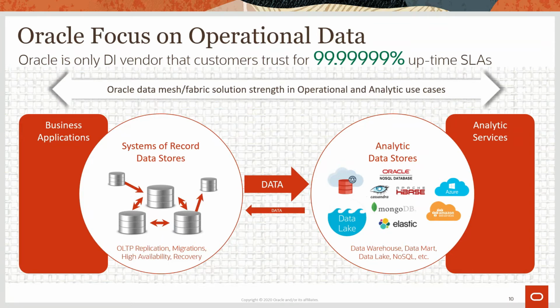As we move forward into a future more focused on mesh and fabric capabilities, we're in a unique position in that we already provide a lot of the real-time logical replication frameworks for very high availability systems that our customers are using right now, both for Oracle databases as well as non-Oracle databases, when our customers require high availability solutions for systems that transact money or sensitive healthcare data or telecommunications records, you name it.